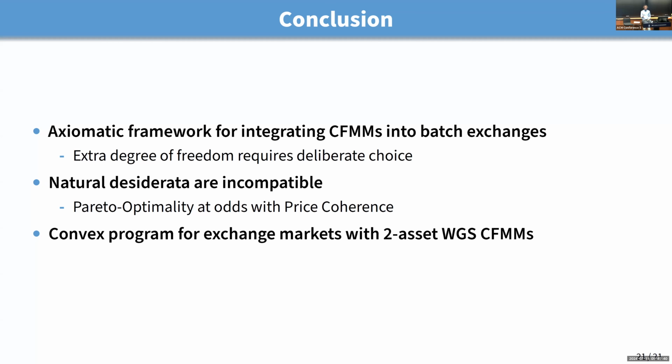Those choices have real consequences. Fundamentally, certain natural desirable properties are incompatible: we can't guarantee Pareto optimality and also prevent arbitrage opportunities from being created. And along the way, we find a nice convex program for handling this particular case of Arrow-Debreu exchange markets that seems to show up naturally in practice.